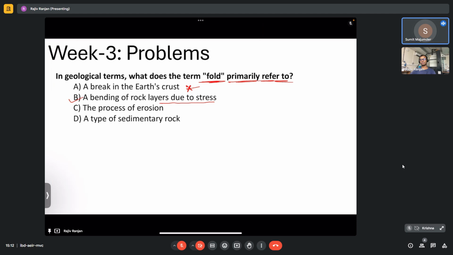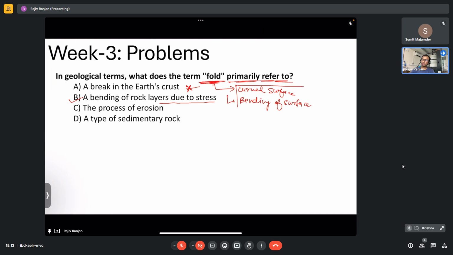It is not a break. When one rock layer bends due to stress or tectonic force, and it is superimposed on another layer, that is called a fold. Yeah. Primarily, fold refers to a curved surface or bending of a surface.